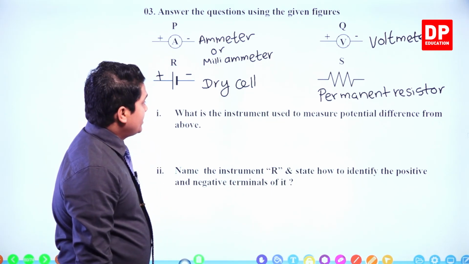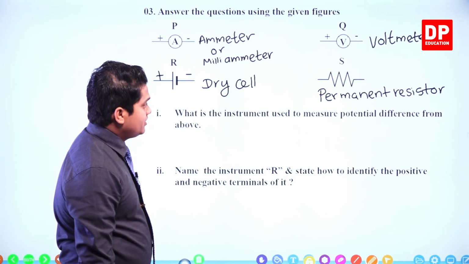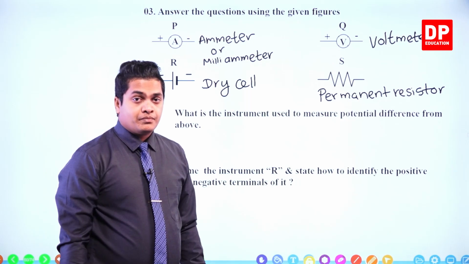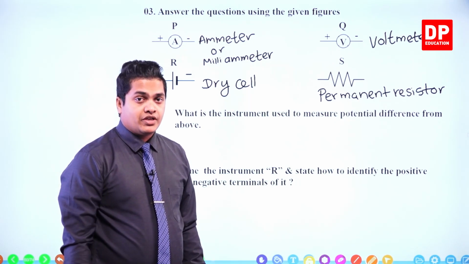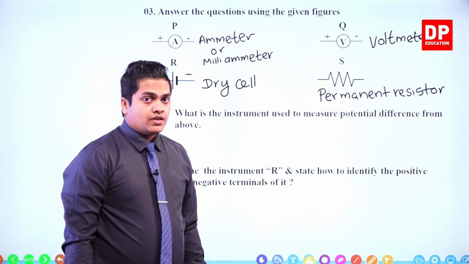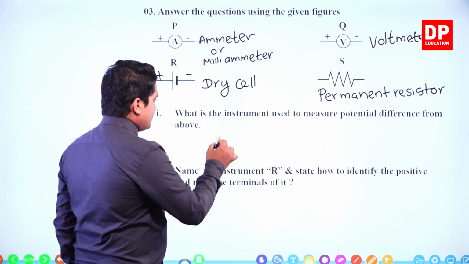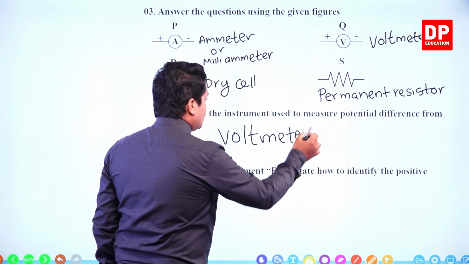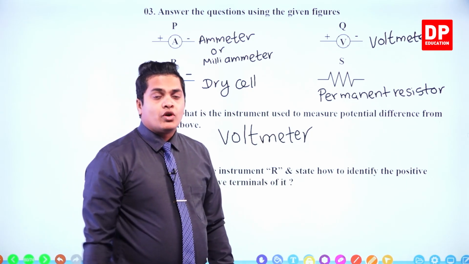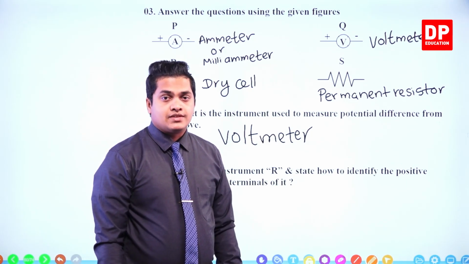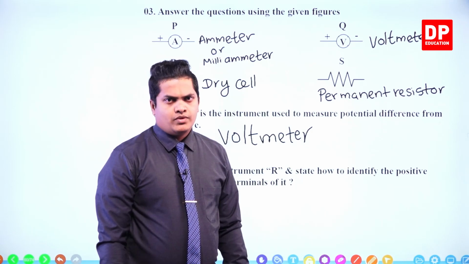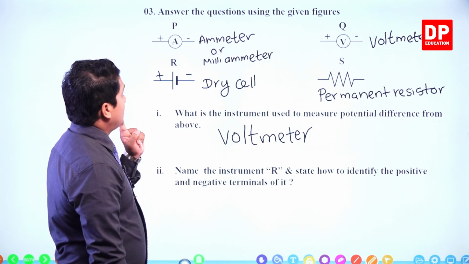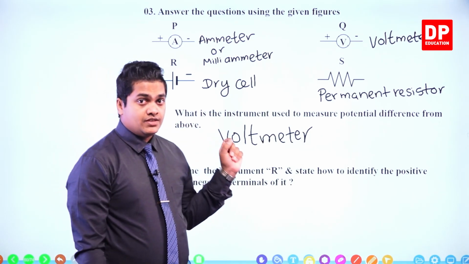Number 1. What is the instrument used to measure potential difference from above? Now we use the voltmeter to measure the potential difference. But if you write voltmeter like this in here, most of the time you won't be given the necessary marks for these things. What is the reason for it? Because the question is saying answer the questions using the given figures.